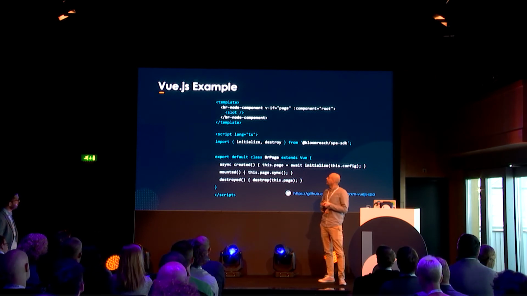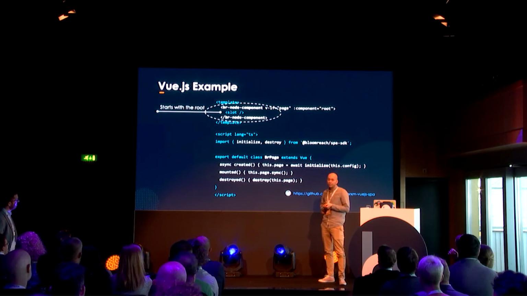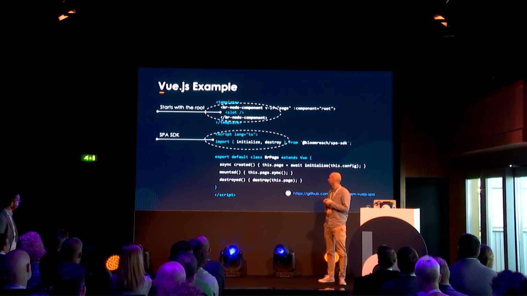Now, if you look at the code on the slide, we have the page component here. As I said on the previous slide, every single page starts with a root. Here we are trying to render the root component inside the template. Then we import our awesome SPA SDK, for now just the initialize and destroy functions.